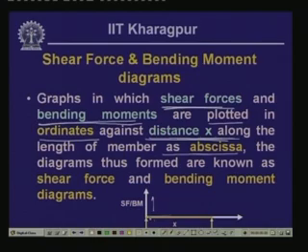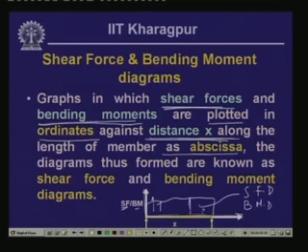We choose our coordinate axes in such a way that the abscissa lies along the axis of the beam and the ordinate is perpendicular to the axis of the beam. Here, if we plot the shear force or the bending moment ordinates along the length of the beam, the diagram we get we will call the shear force diagram, or the bending moment diagram if we plot the bending moment ordinate.